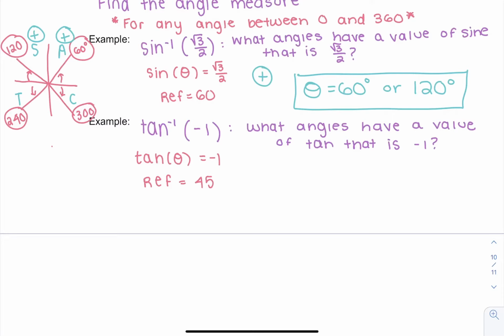Now I'm going to draw a little table or graph that helps me figure it out. So 45 degrees. And now I need to figure out my 4 reference angles, or angles that correspond to the reference angle. So I've got one here that's 180 minus 45, plus 45, and minus 45. These angles are 135, 225, and 315.